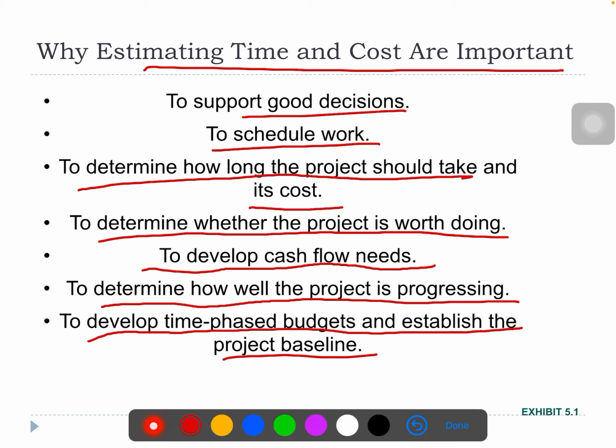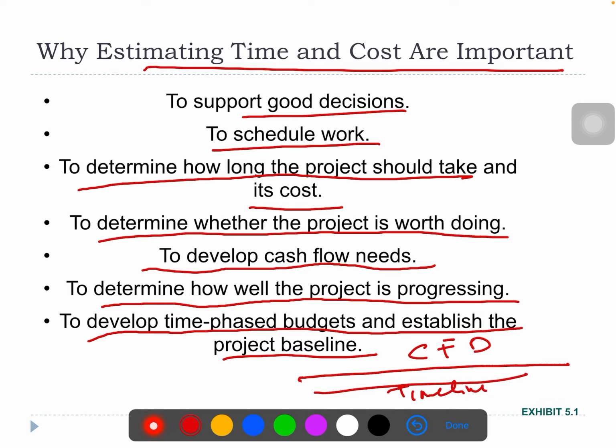So when we have the estimation of cost and time, we can actually merge the cash flow diagram with the timeline diagram, right? Especially AON. So where these two meet and how much cash flow you have to make sure that everything in the project runs successfully.